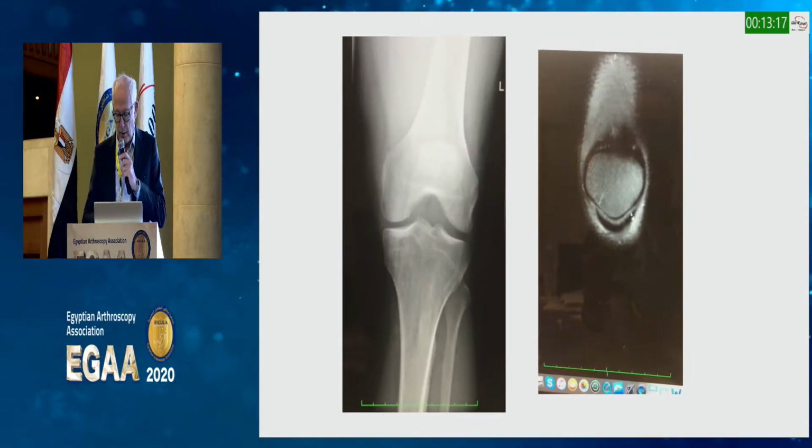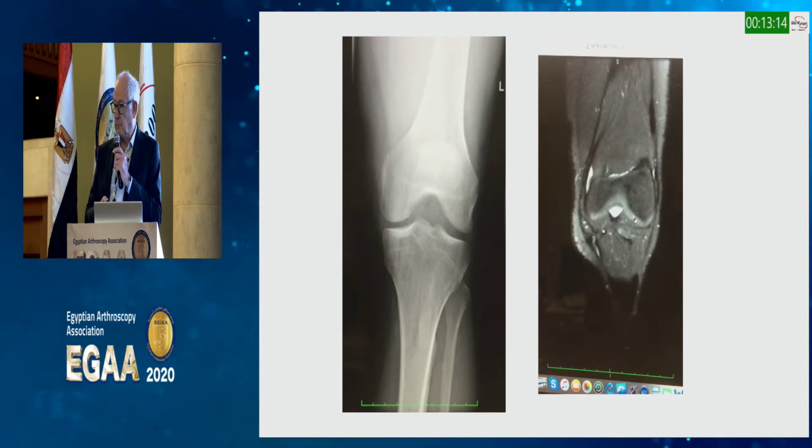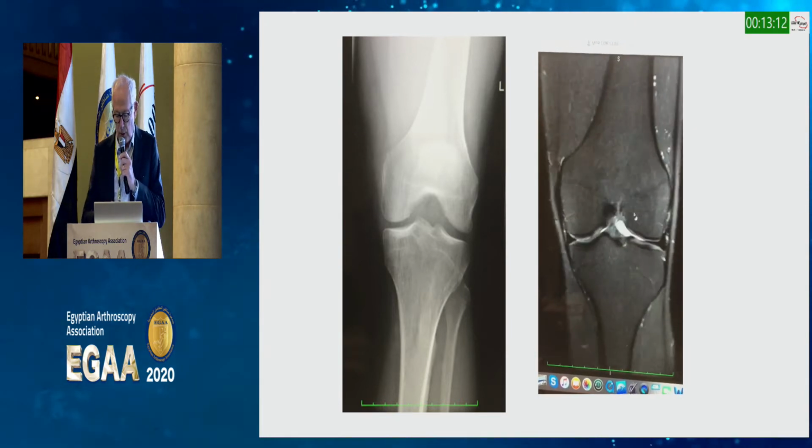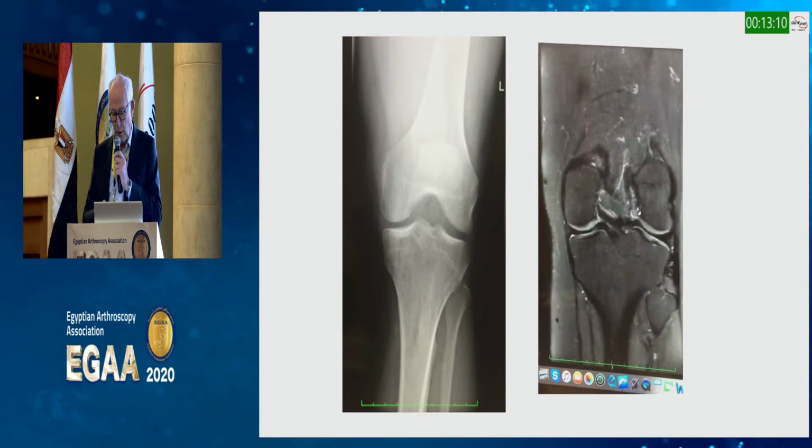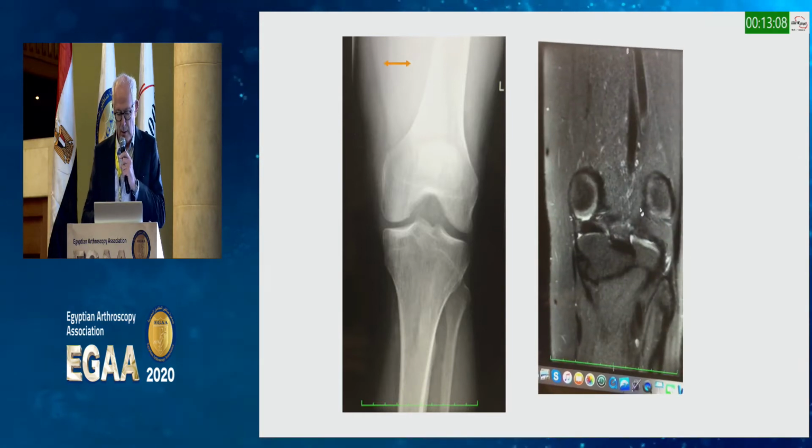If you look at this MRI, you don't see really anything very special, but if you look at the left X-ray, you would agree with me that this medial condyle is relatively small, and in this particular case, the intercondylar notch is particularly wide.